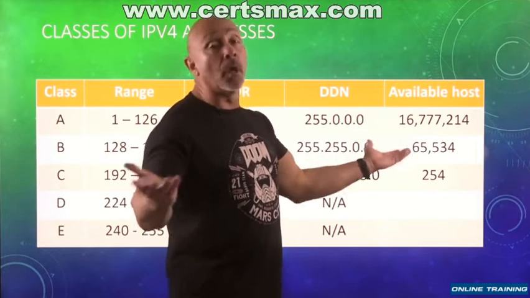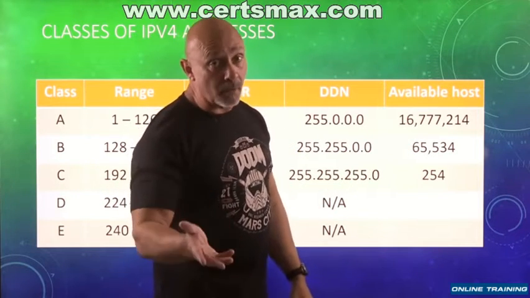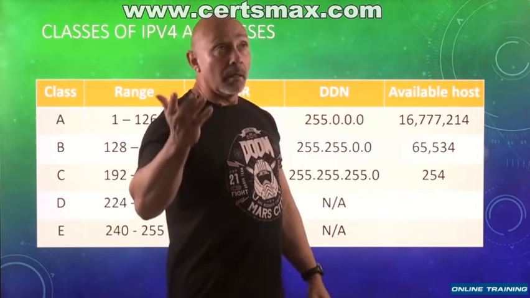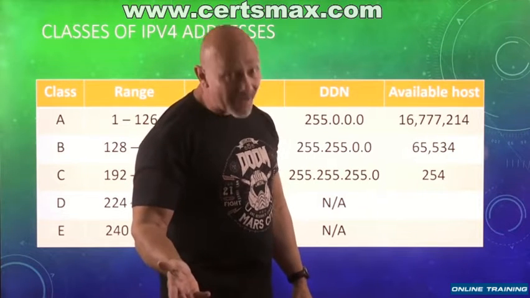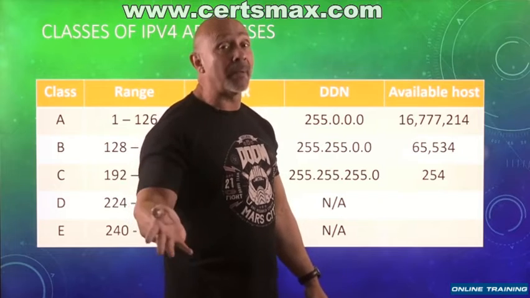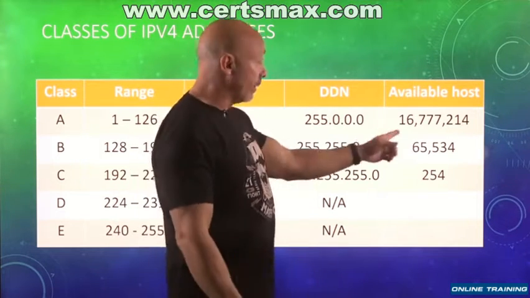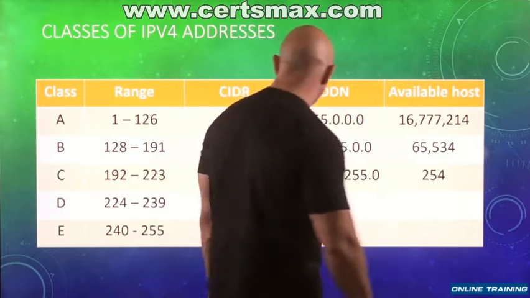But you should know, especially those people creating networks that are running out of private IP addresses in their network. That should not happen ever. But anyway, 16 million addresses plus.